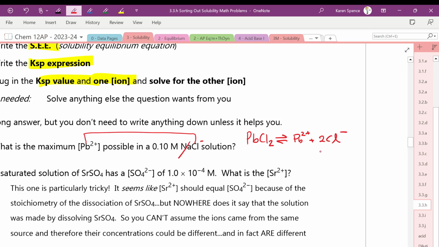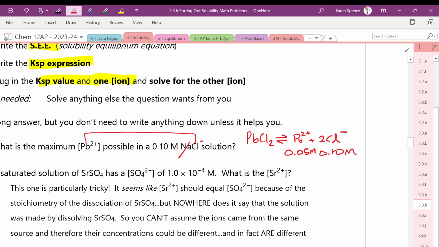And here's where people tend to go, they're like, oh, this is 0.10 molar, therefore this must be 0.05 molar. Are we happy with that? No. I hope you're not happy with that. Why is it not 0.05 molar?